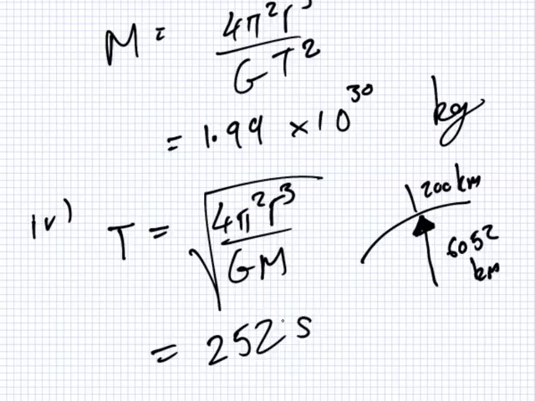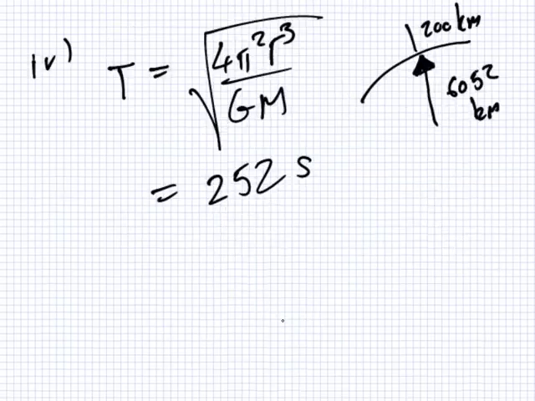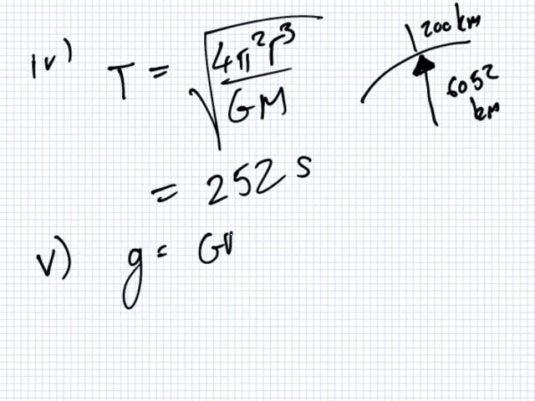252 seconds. Right, next is the gravitational field strength, which is GM over r squared. Which is, oh wait, is it r squared for g? No, it's r squared, isn't it?